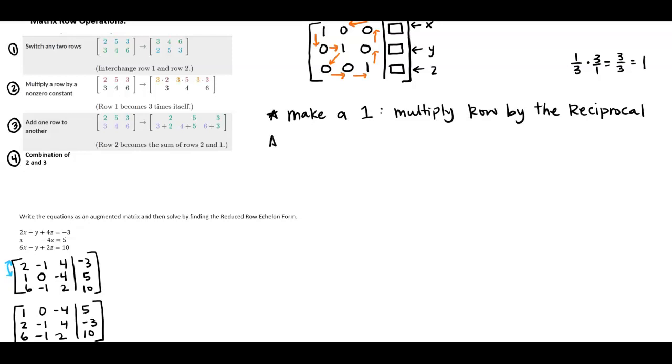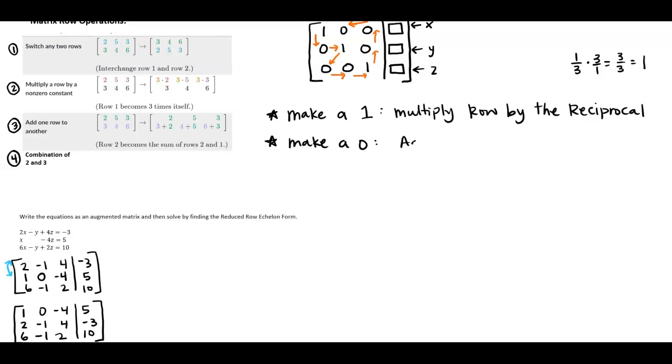Now we also are going to be making 0s, so we want to make sure we know how to make a 0. Well, to make a 0, we are going to either have to add one row to the other row, or do that combination where we multiply it by something and then add it to the other one. So to make a 0, you're going to use either 3 or 4 over here.